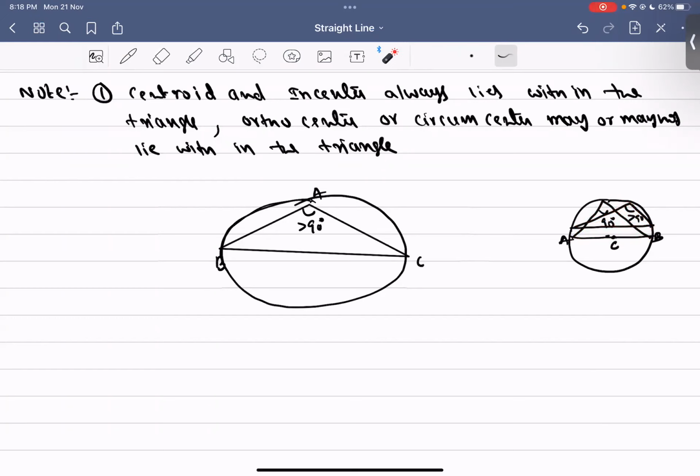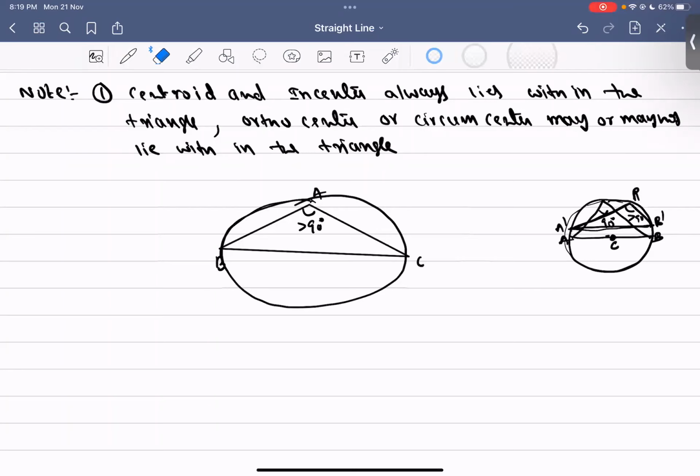It's an obtuse angle triangle, greater than 90. Then where does the circumcenter lie? Outside the triangle, clear? Suppose this is P, A dash and B dash. For this diagram, the circumcircle is the same, but the circumcenter is outside. Clear?